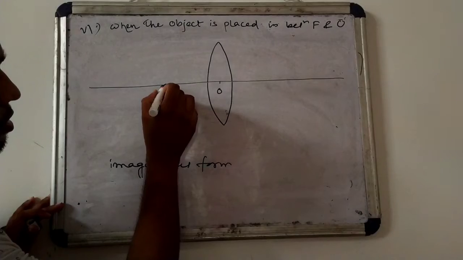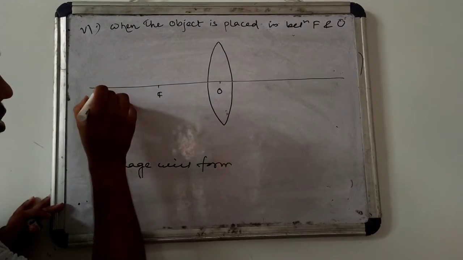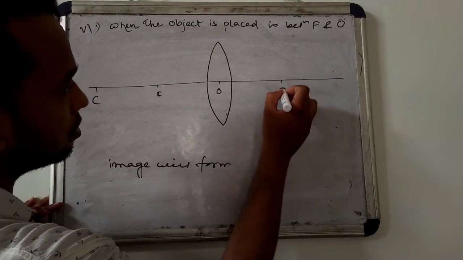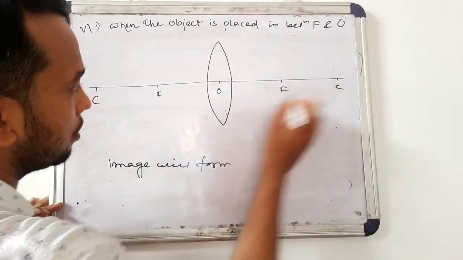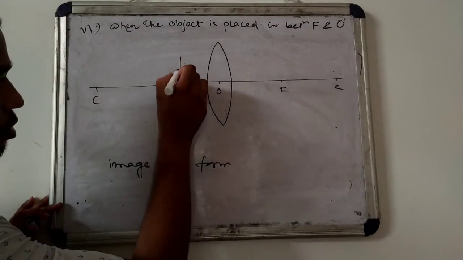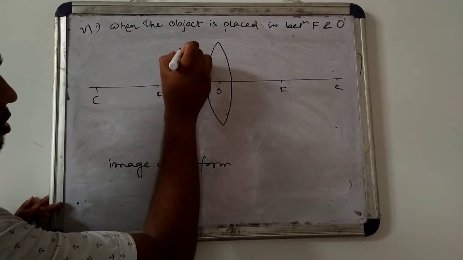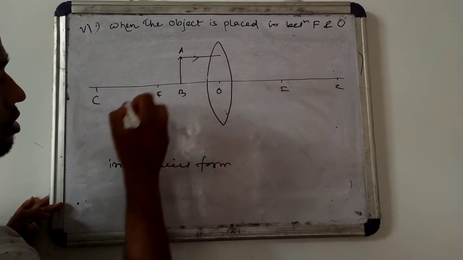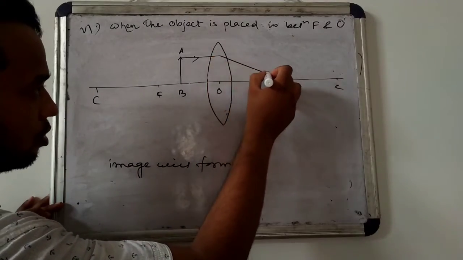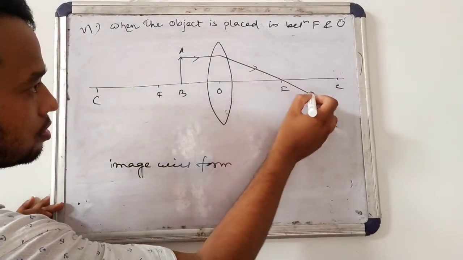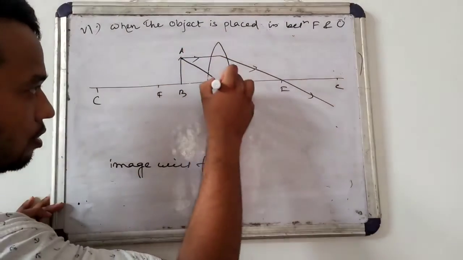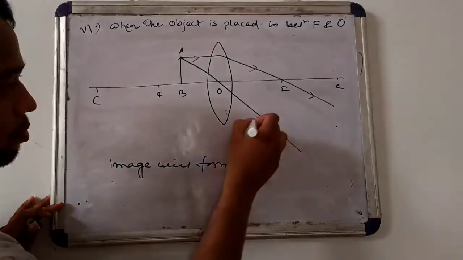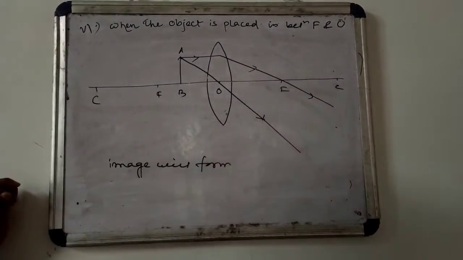Optical center, focus, center of curvature. Now we'll put the object here, A, B. So this ray will, after refraction, pass through focus, and the ray passing through optical center will not change its path.